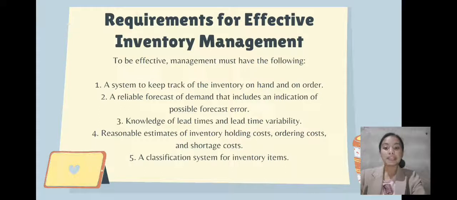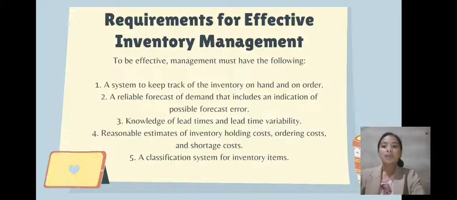Next is requirements for effective inventory management. So management has two basic functions concerning inventory. One is to establish a system to keep track of items in inventory, and the other is to make decisions about how much and when to order. So to be effective, management must have the following. Number one, a system to keep track of the inventory on hand and on order.